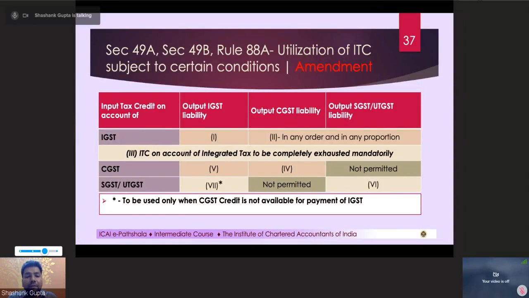So be very careful. The order is: 1, 2, 3 IGST to 0; 4, CGST against CGST; 5, CGST against IGST; 6, SGST against SGST; 7, SGST against IGST, only when CGST credit is 0. So this is the stepwise mechanism.